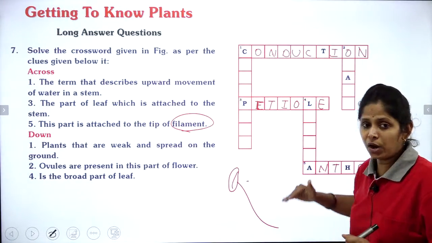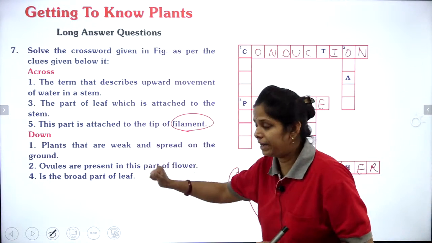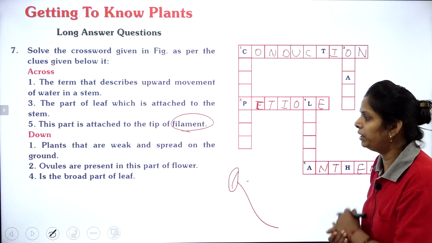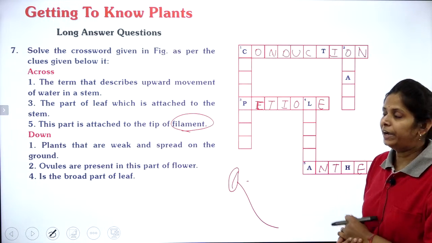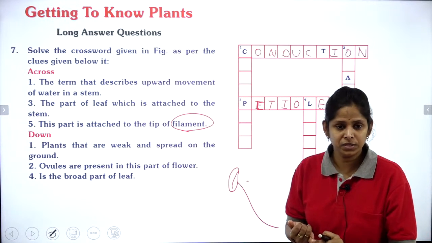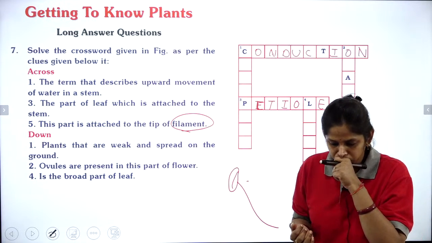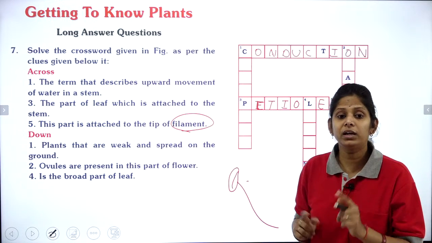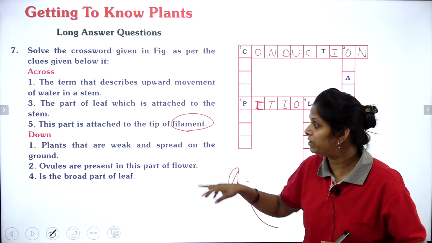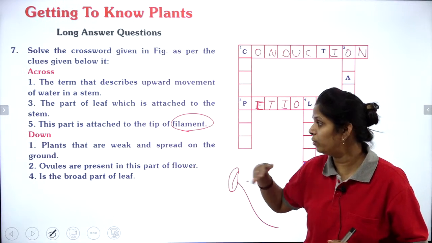Then after, down. Now up to down we have to fill plants that are weak and spread on the ground. I told you different types of plants: herbs, shrubs, creepers and trees. So you can see here only creepers are the plants that have very weak stems and they spread on the ground.